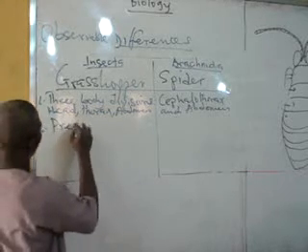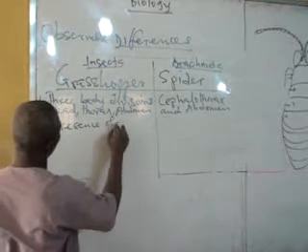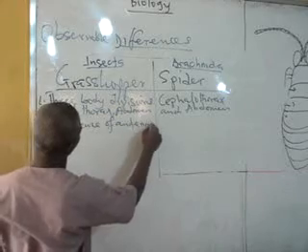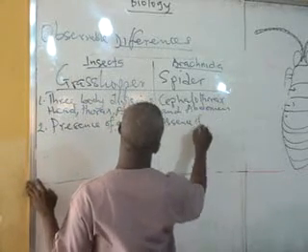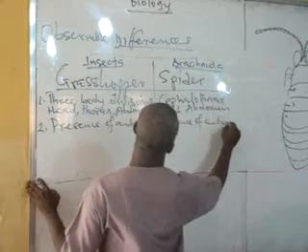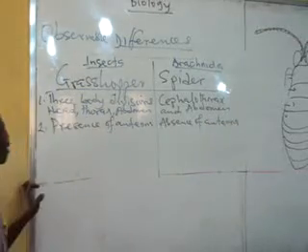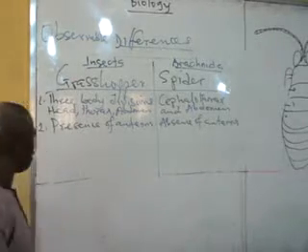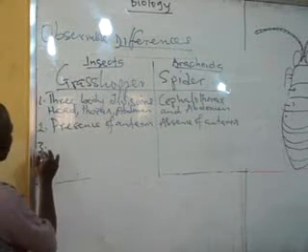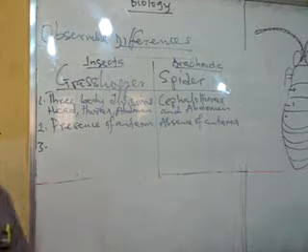Now we can say that this one has a pair of antennae. So we have presence of antennae, and in this one there is absence of antennae, because antennae are present in the grasshopper but absent in the spider. Another feature that we can see is the nature of the eyes.